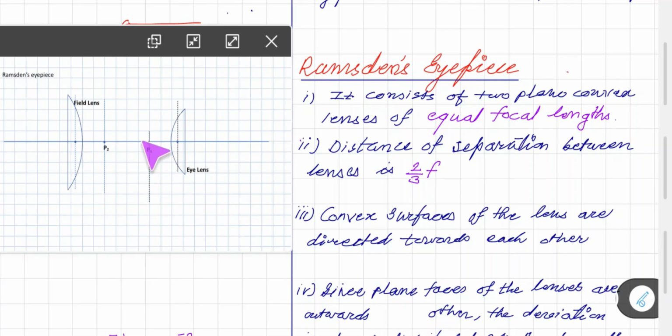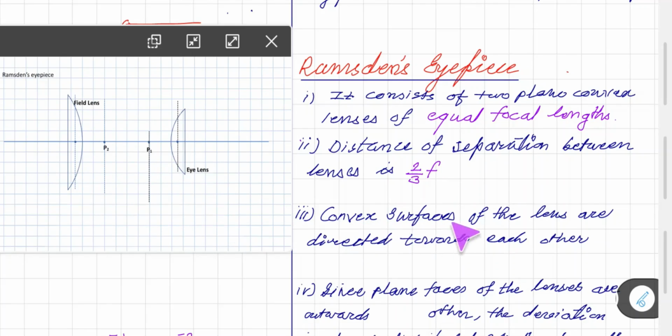So these are two plano-convex lenses of equal focal length, that is, f1 is equal to f2 is equal to f. Now they are kept at a distance of 2/3 of f. Why 2/3 of f, we are going to see.